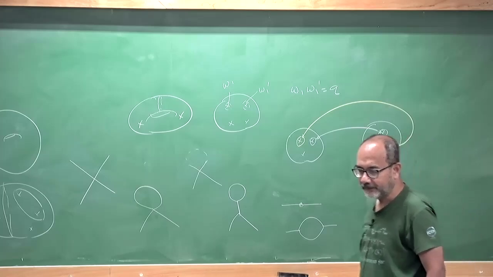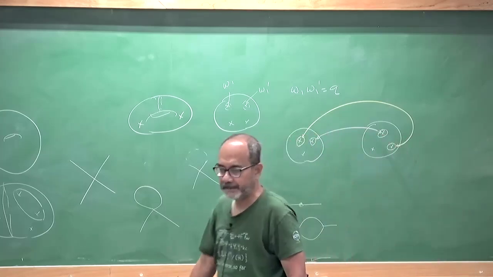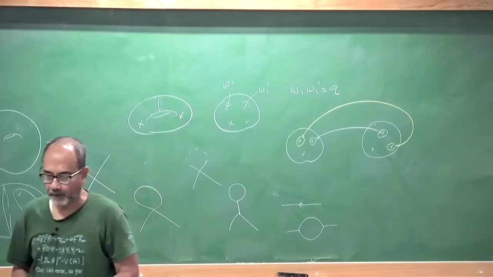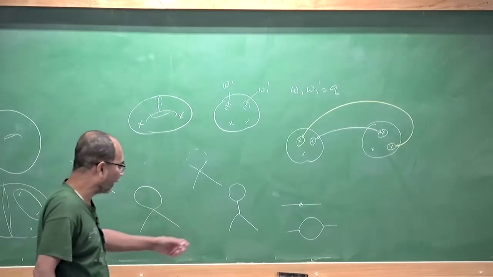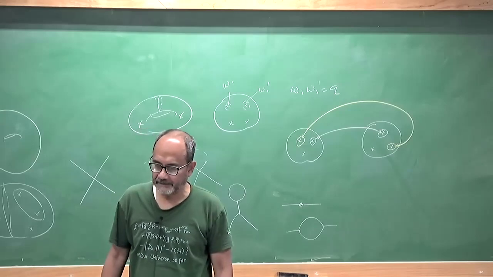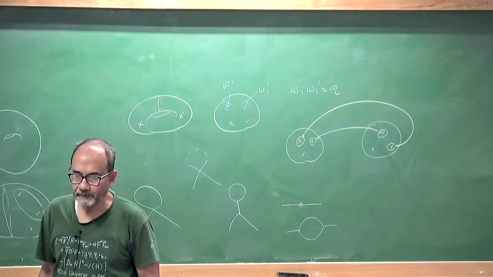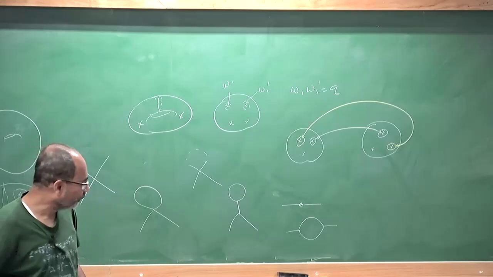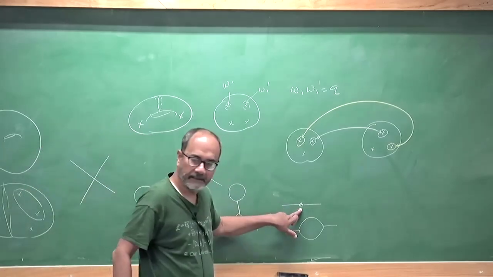The number of degenerations is the number of internal propagators. This one has two internal propagators, so it's a double degeneration. What is it without these, the straight line? That is without degeneration, the contact term.